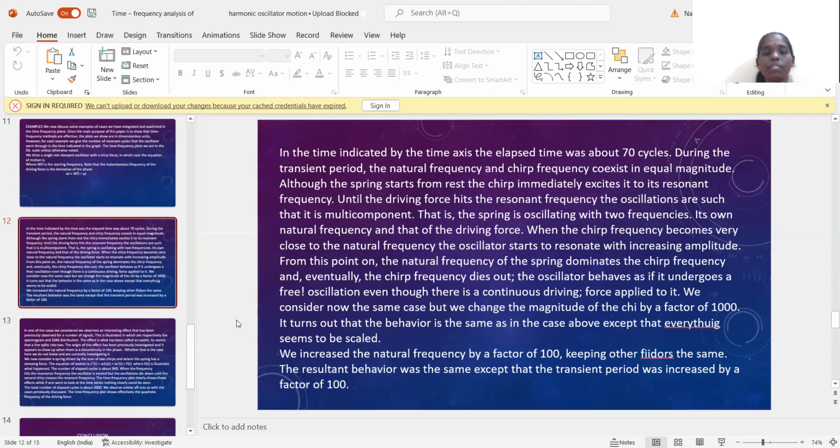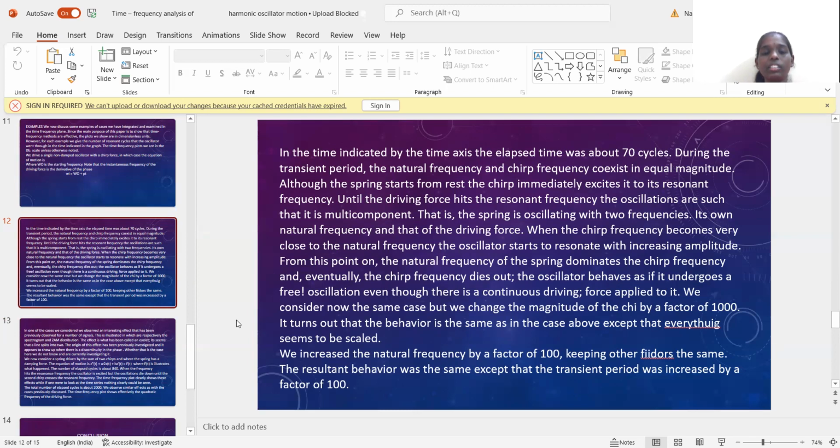applied to it. We consider now the same case, but we change the magnitude of the chirp by a factor of 1000. It turns out that the behavior is the same as in the case above, except that everything seems to be scaled.